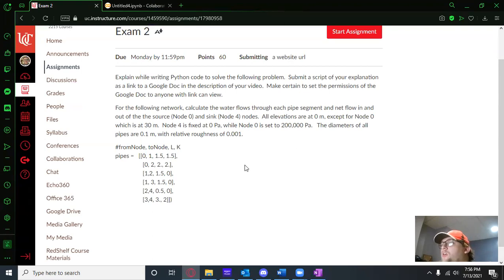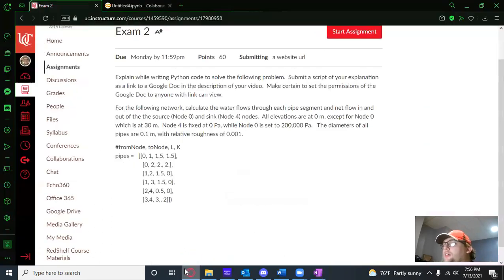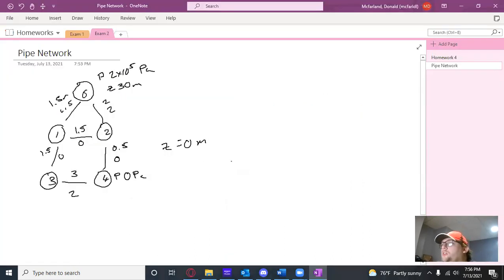And one more thing, all of these have a Z, or depending on how you look at it, a height of 0 meters, except for node 0, which has a height of 30 meters. I forgot to add that. Okay, so with that, we can now start with our first formula.